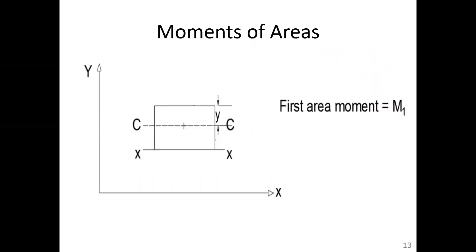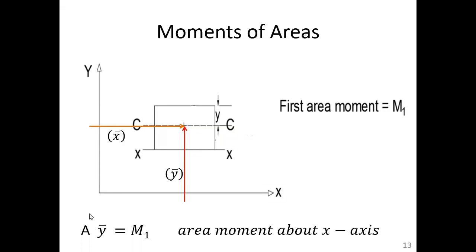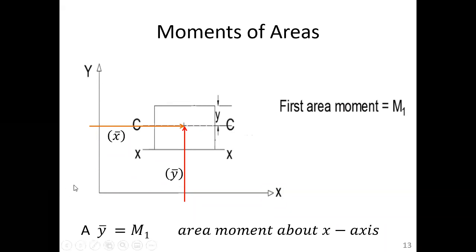If we take this nice rectangular area, it has a measure y bar to the center of area, and it has a measure x bar to the center of area. So A y bar is M1, the first area moment about the x-axis. Same information from the last slide.